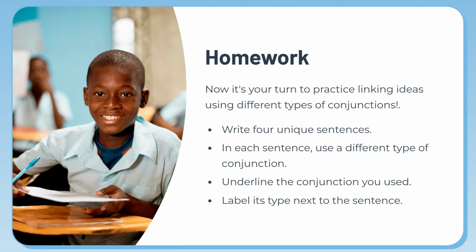Make sure you underline the conjunction you used and write its type next to the sentence. For example, I was tired, but I finished my homework. Be creative with your sentences. Use examples from your own life, your school, or your community.